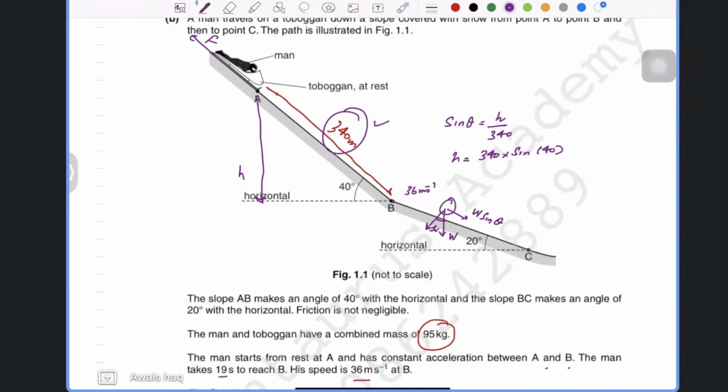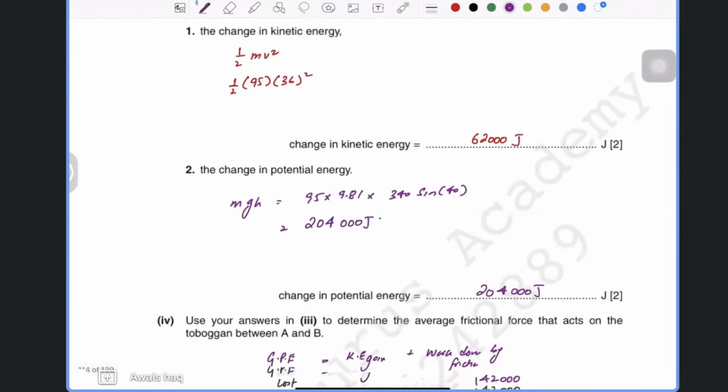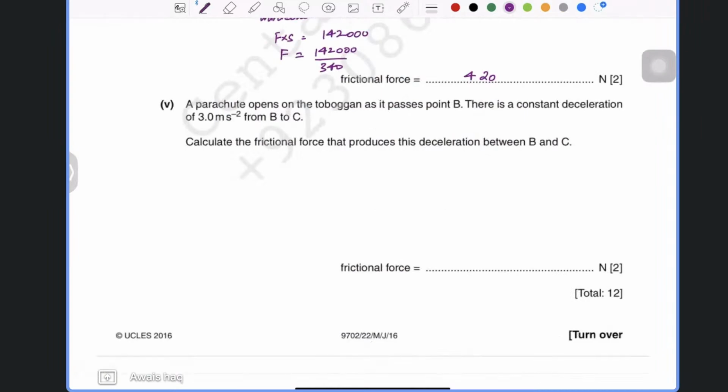So weight is pulling down, and there has to be a friction force acting against it. So that would mean that the resultant force F will be equal to the weight sine theta minus the friction. Who agrees with this?